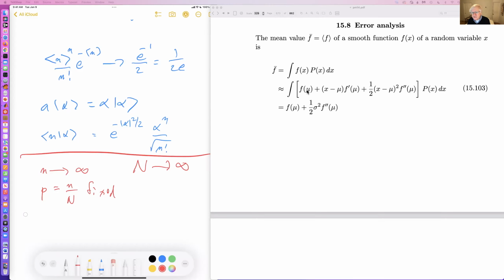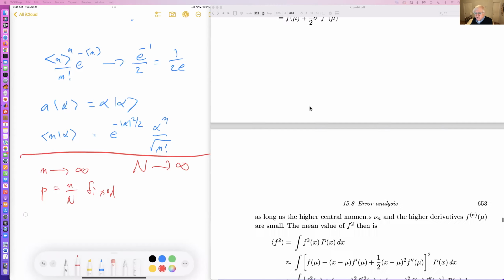It'll be the average value, x minus the average value times the derivative evaluated at the average value, plus a half, x minus the average value squared, second derivative, p of x. If you do that, this gives 0, and this gives sigma squared.